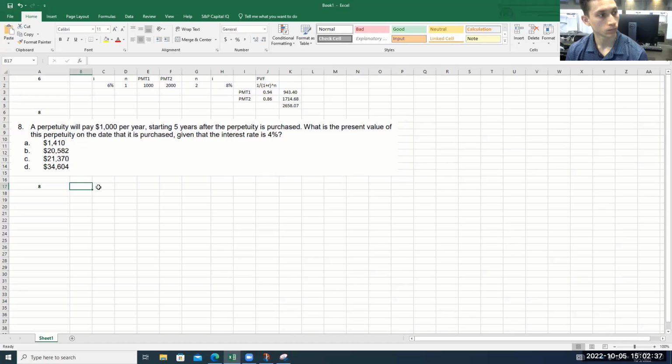You just keep discounting them all and take the sum of that. You get a really round number. Why? That's just $1,000 divided by 0.04. So it works, right? Yeah, it does.